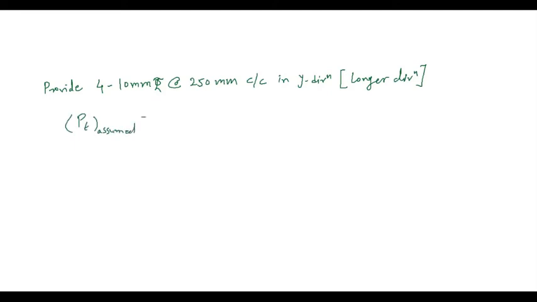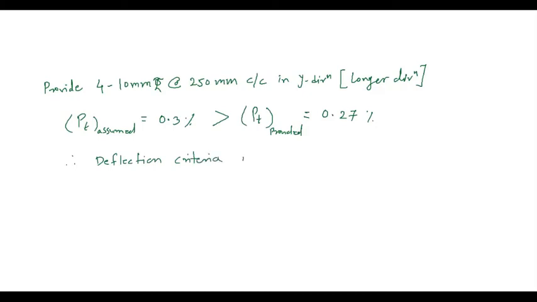Percentage of steel assumed is 0.3%, which is greater than percentage of steel provided. What we have provided? We have provided 0.27%. So this deflection criteria is satisfied. Okay. So therefore, deflection criteria is satisfied.